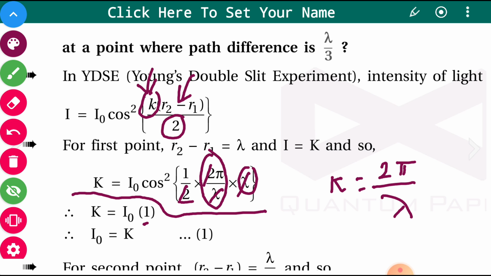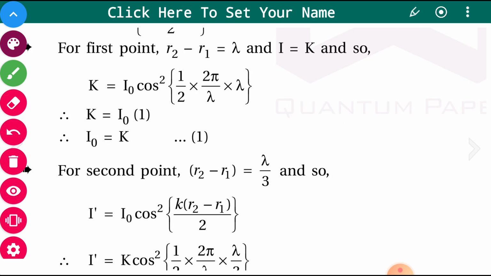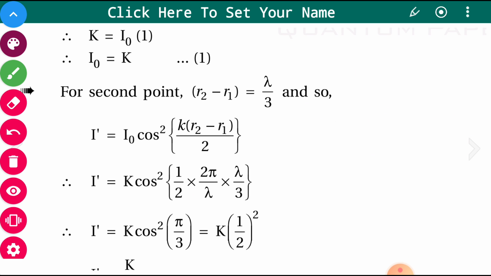So the intensity I0, that is the initial intensity, is equal to k, from this result. Now the second point is given where the path difference is lambda by 3. So R2 minus R1 is taken as lambda by 3. Small k is again 2 pi by lambda, everything else is the same.